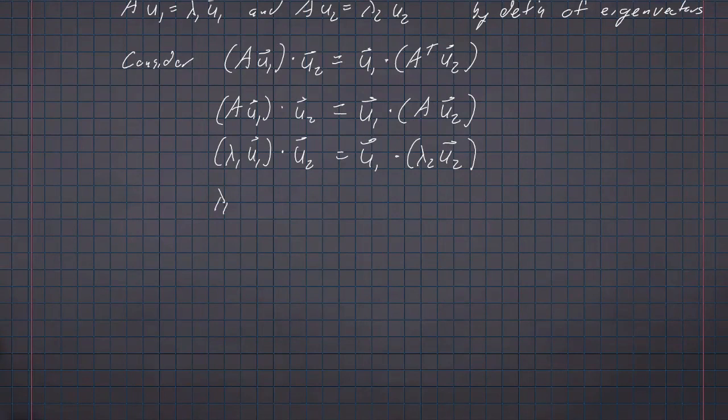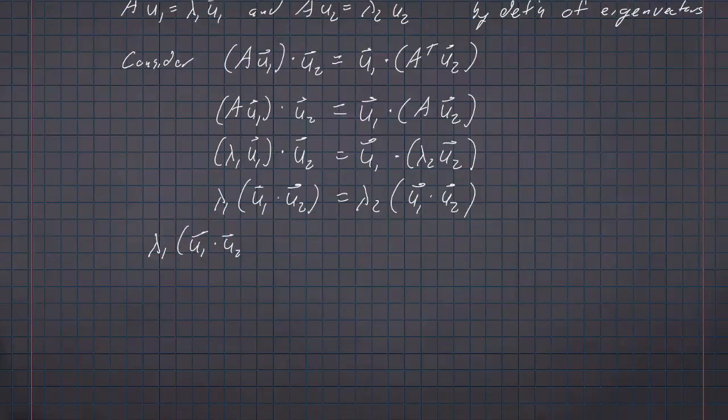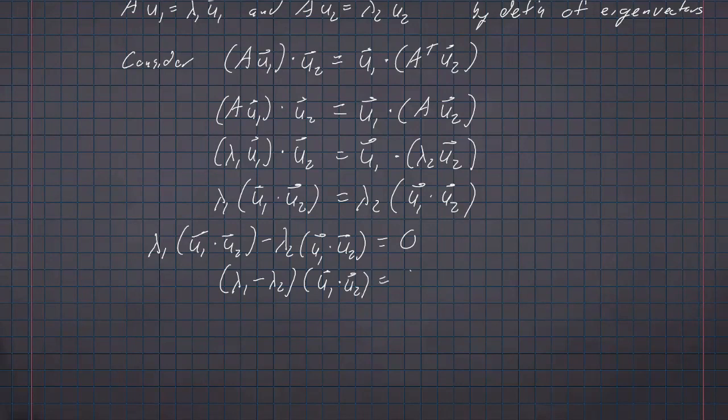So this is lambda 1 times U1 dot U2 is equal to lambda 2 times U1 dot with U2. And rearranging the equation a little bit, lambda 1 U1 dot with U2 minus lambda 2 U1 dot with U2 must be equal to 0. And factoring, this gives me that lambda 1 minus lambda 2 times U1 dot with U2 is equal to 0.